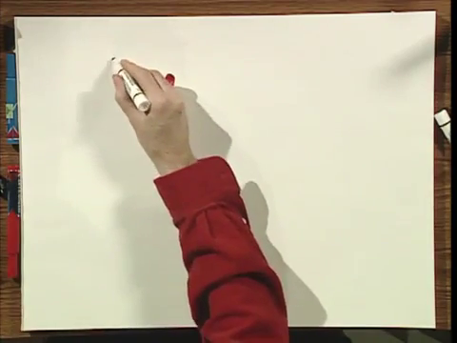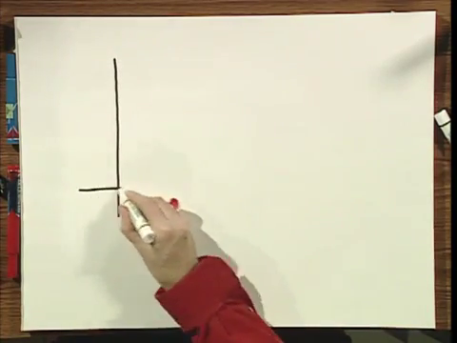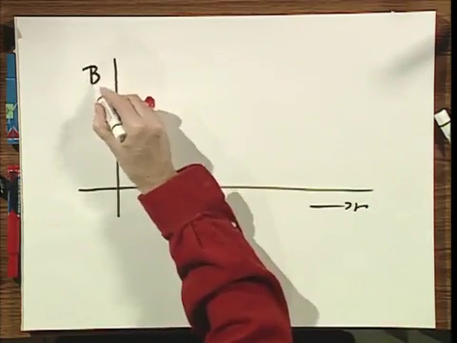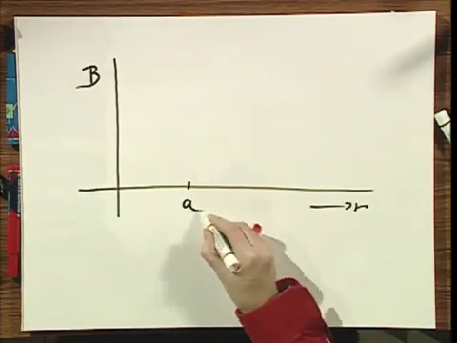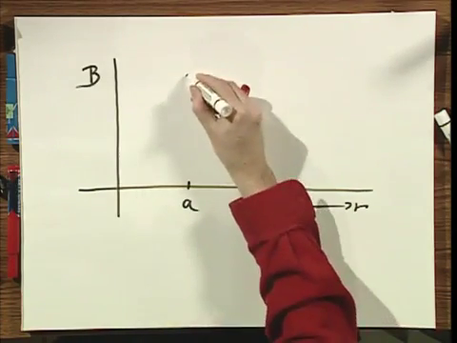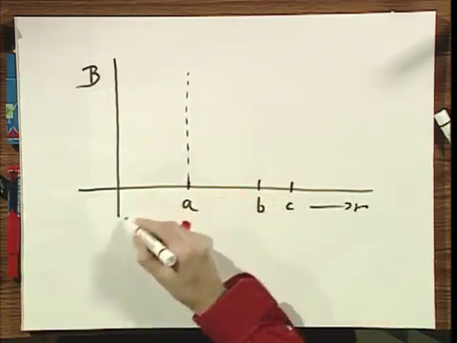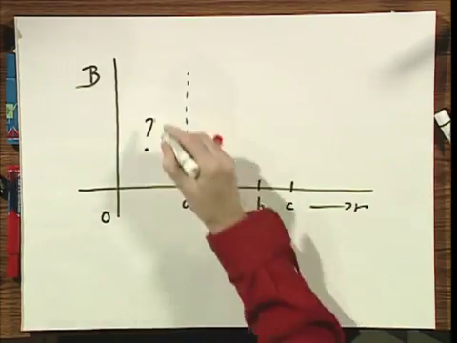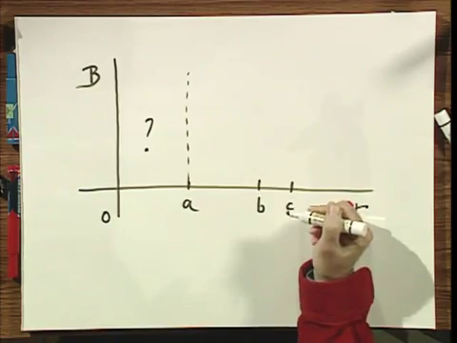I'd like to make a drawing, a graph, which is always nice. B versus R. Here is R, here is B. Let this be A, let this be B, and this be C. Now, what happens from 0 to A is a big question mark. We have not discussed that, but you will see that in the future.